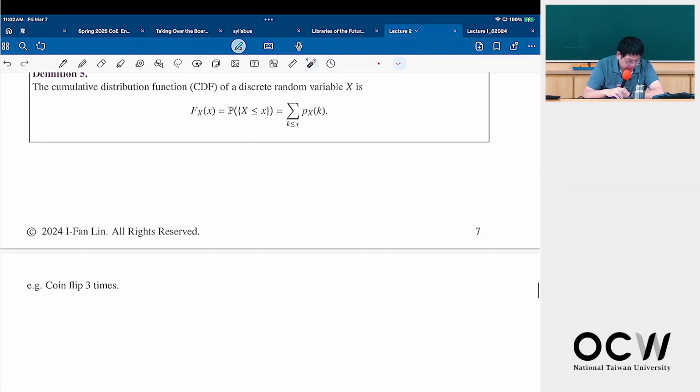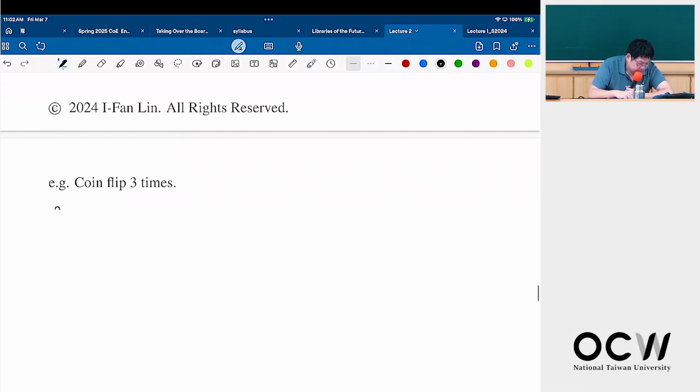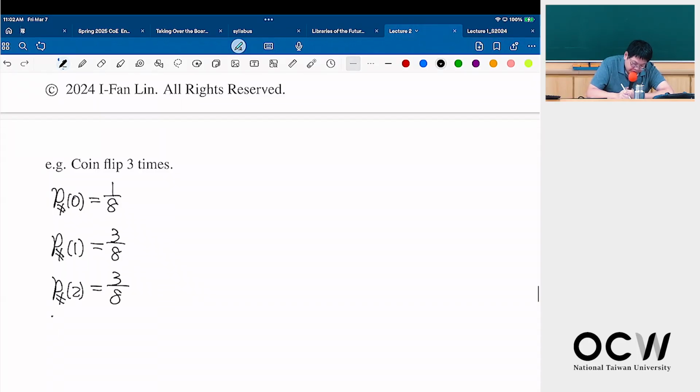So if I flip the coin 3 times, first we know the PMF getting 0 will be 1/8. The PMF getting 1 is 3/8. Getting 2 is still 3/8. And getting 3 will be 1/8.